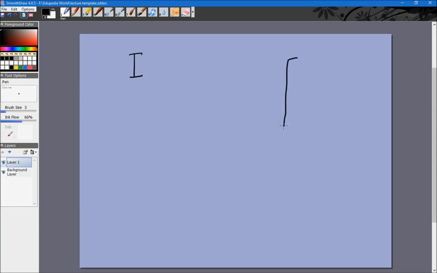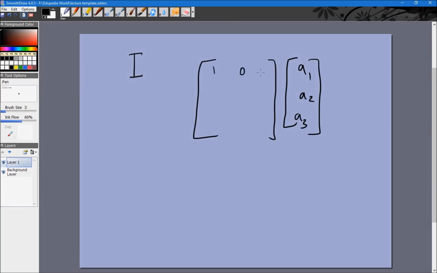So let's take A1, A2, A3 and let's multiply it with the 3 cross 3 identity matrix 1 0 0, 0 1 0, 0 0 1, and this will give us, this is a 3 cross 3, this is a 3 cross 1, 3 and 3 are the same, the outside are 3 and 1, so it will give us a 3 cross 1 matrix with 3 entries. What is the first entry?